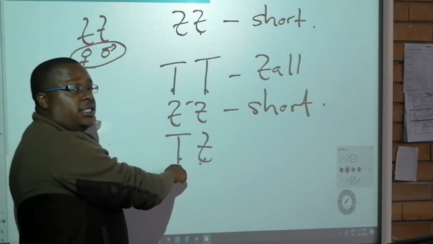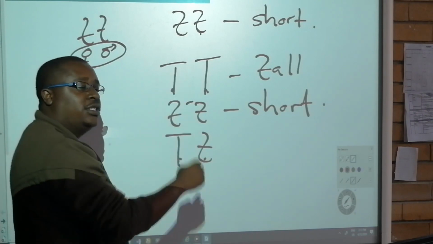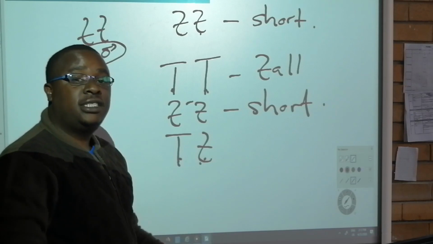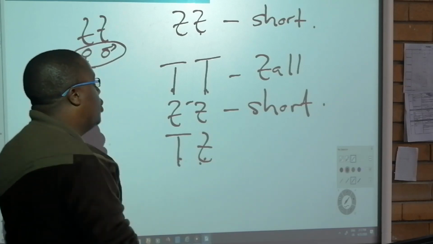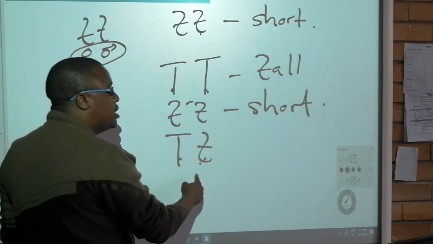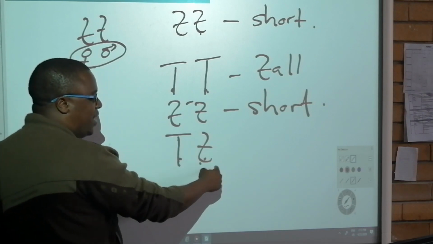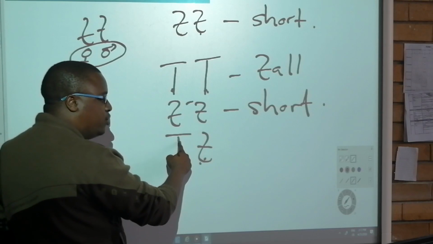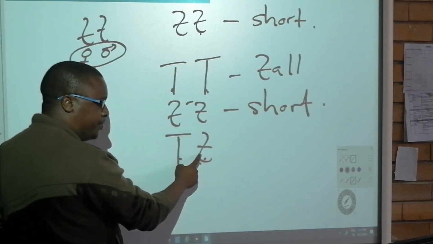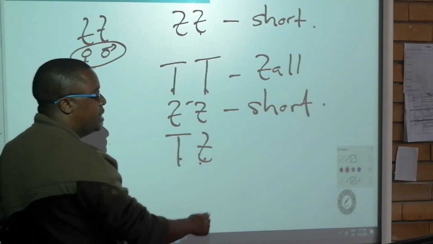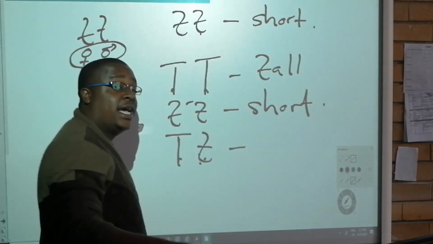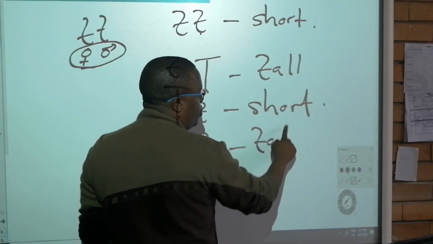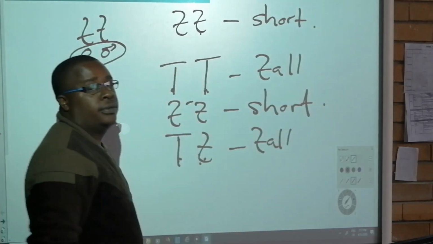That is why we wrote capital letter T first. Because tall is the dominant. And then the small letter t is for the recessive short allele. Because capital T is dominant over t. If a pea plant has such a genotype, because T is dominant over the allele for short, then this plant will grow to become a tall pea plant.